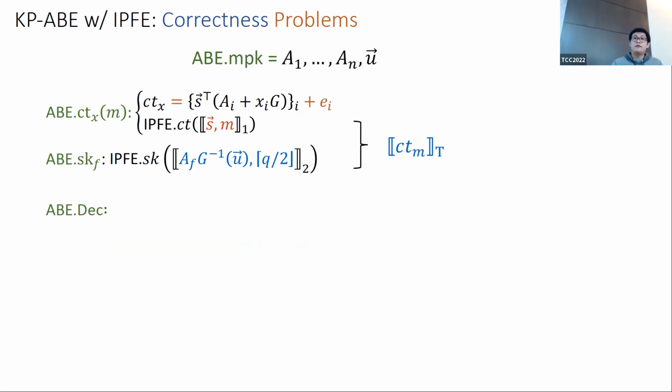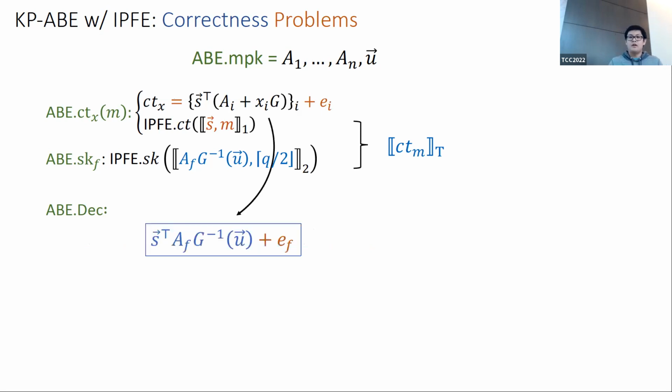And whenever we are dealing with lattices, we need to be careful about the noises, because the attribute encodings each have some noise. This will generate a homomorphic evaluation noise in the blue box term called EF. And what we recover actually is M plus EF in the exponent.